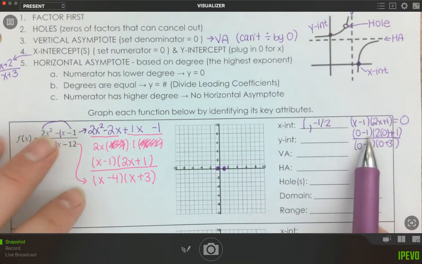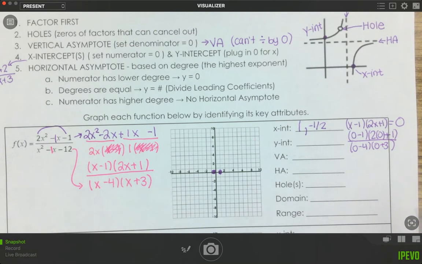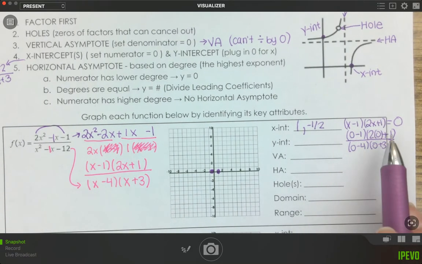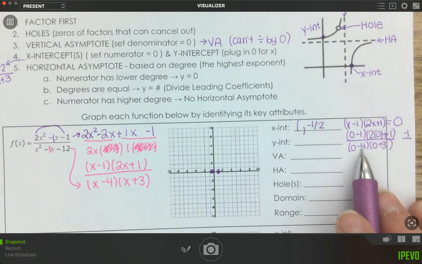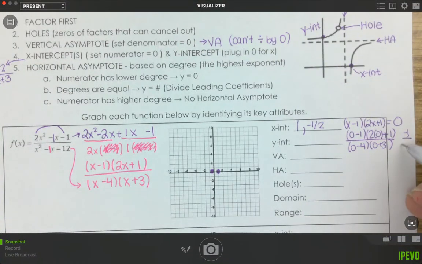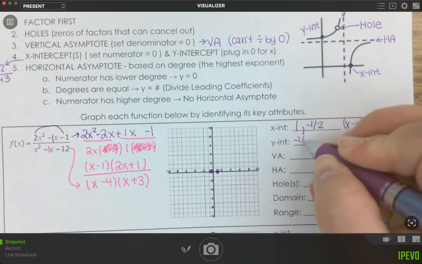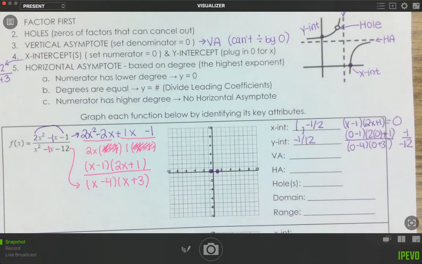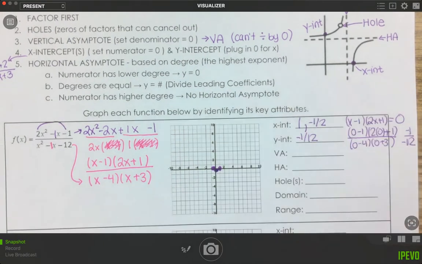So you basically just replace every x with 0, which turns into -1 times 1 over -4 times 3, which is -1/12. That just means it's some really small decimal, but it's basically 0. I can't even draw it very well because you can see it kind of connects the points already.